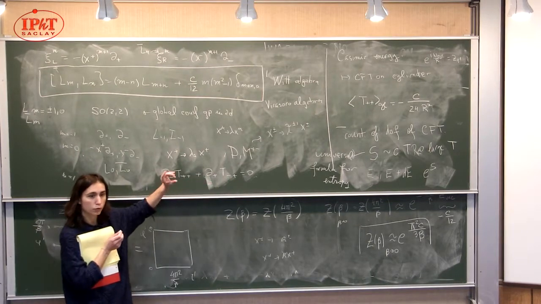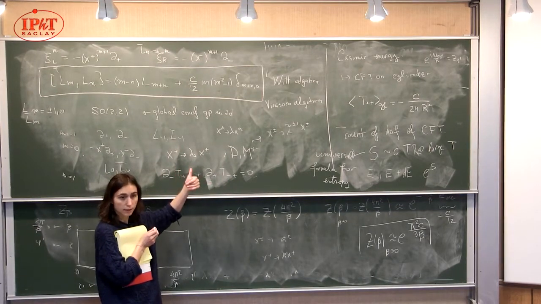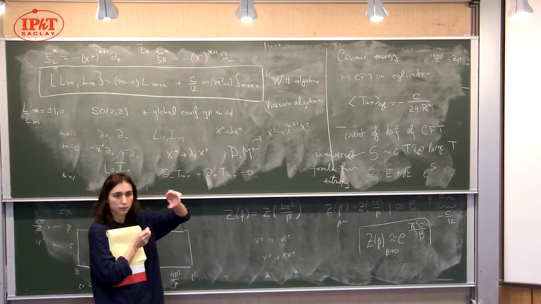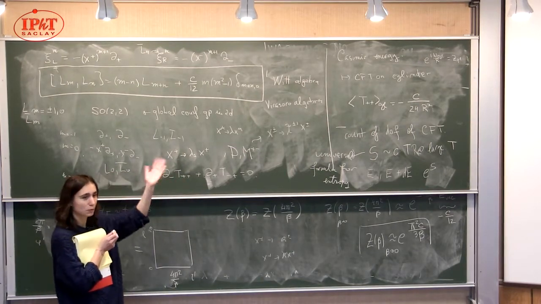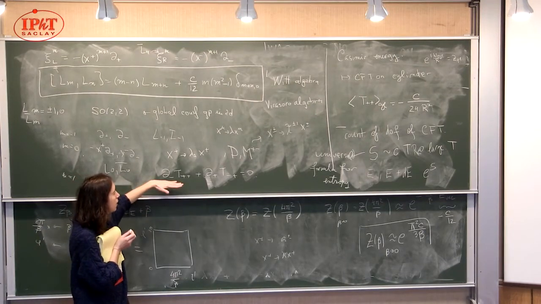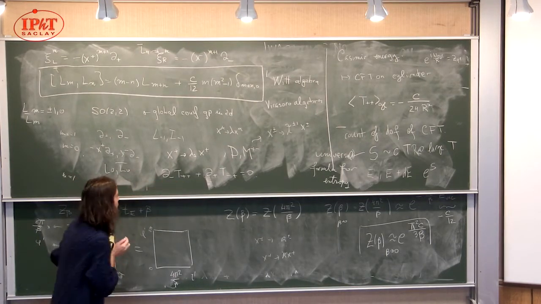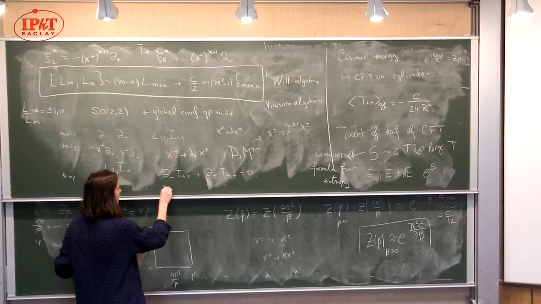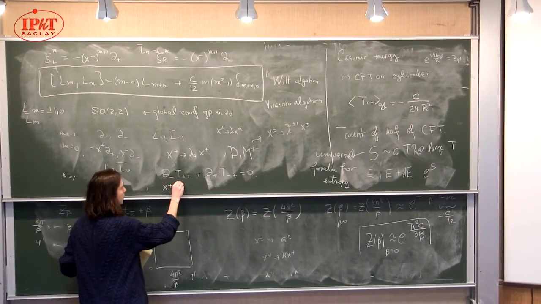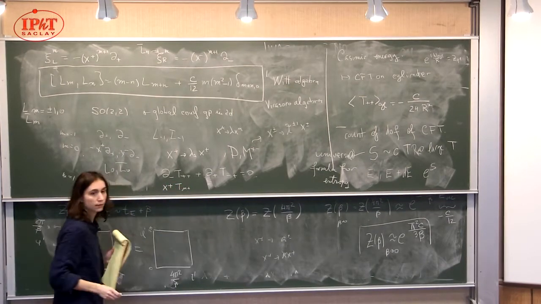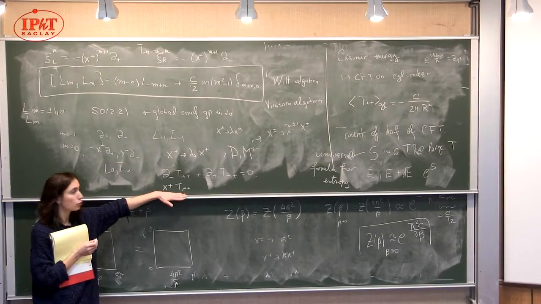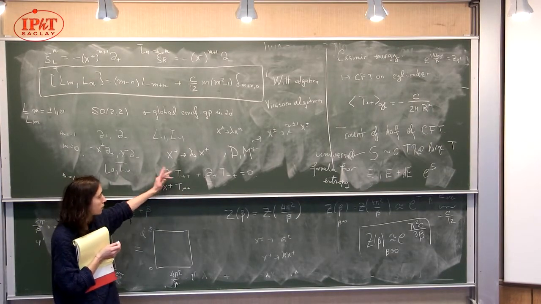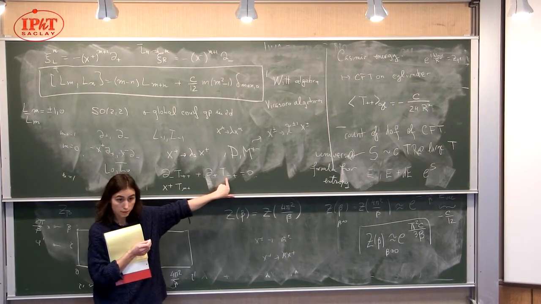And then when you assume that you have dilatations in x plus, so I'm using the light cone way of splitting everything into plus and minus, that current is x plus times T mu plus. So x plus rescalings is generated by this, and you look at the conservation equation for that. It tells you that T minus plus is 0.